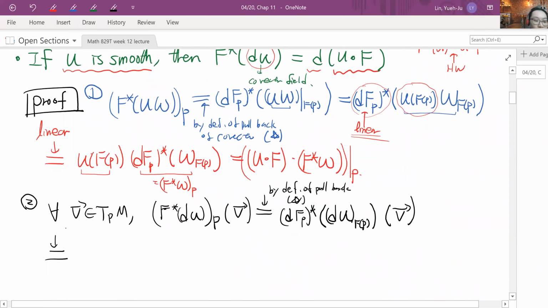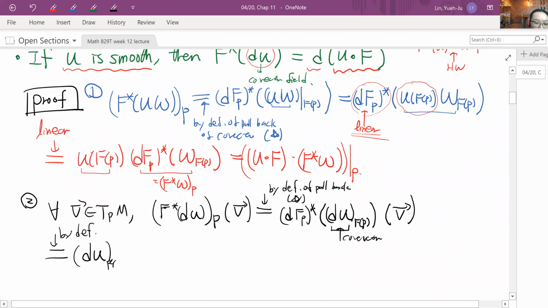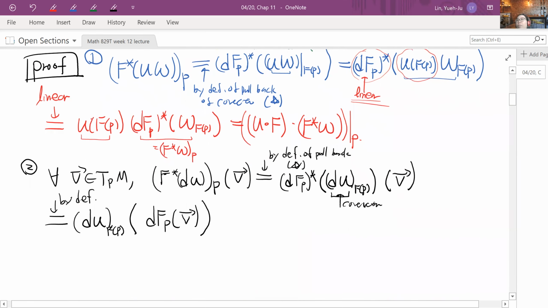So by the definition, if I want to pull back this covector, I want to take the value of this covector field at f of p. But what I input now is the differential of v through this map df.